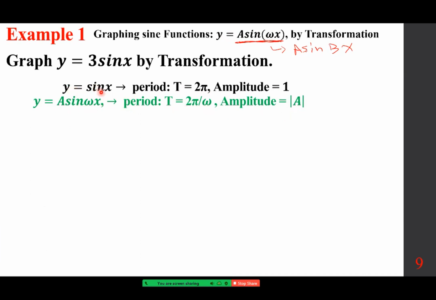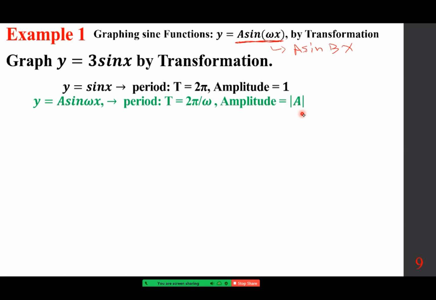If you have a sine omega x, something in front of the x, the period will change: 2 pi divided by the number in front of x. They may say bx, so 2 pi divided by b, depending on the text. The amplitude is the absolute value of a. So that's something that we should know.